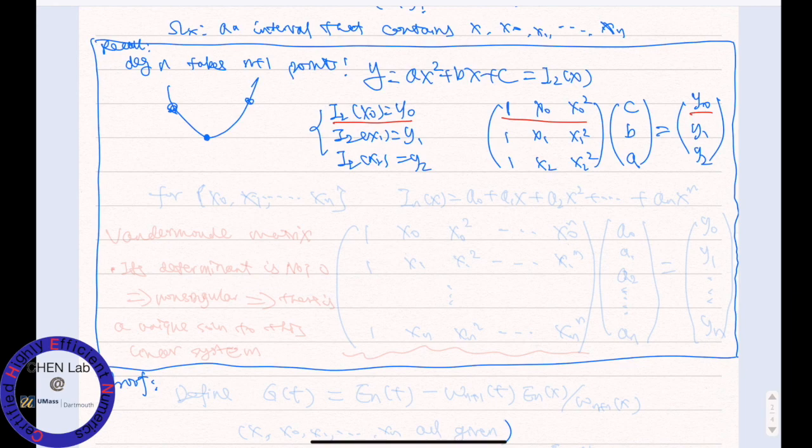And that's of course more general than just 3 points. What I'm showing you here is degree n takes n plus 1 points. So in general, for x0, x1 to xn, if you have n plus 1 points, you're talking about a degree n polynomial.